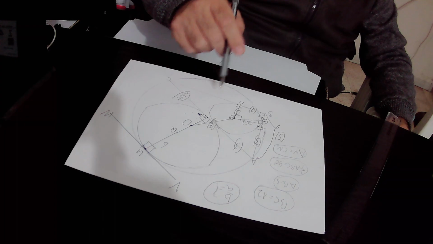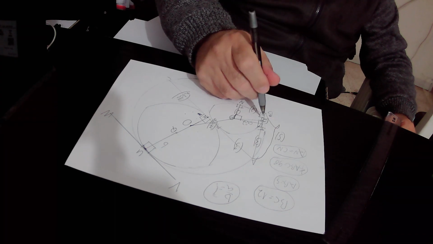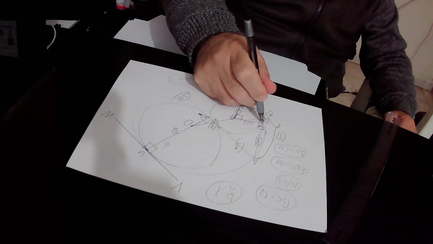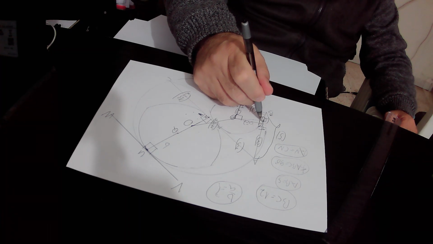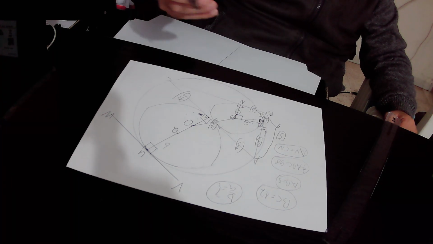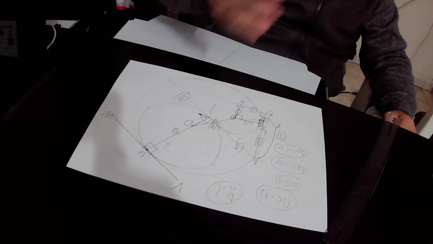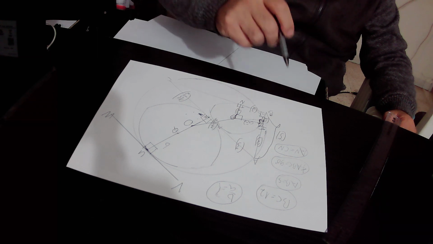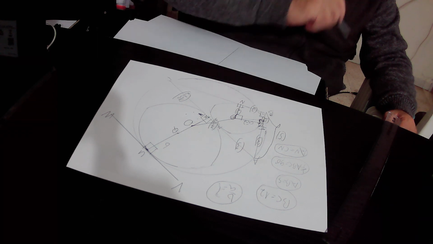The smaller circle touches the biggest circle here at this point. We define the point of tangency as point S. So the smaller circle and the biggest circle have an internal tangency between them at this point, point S. That is to say, they are touching each other internally at point S.